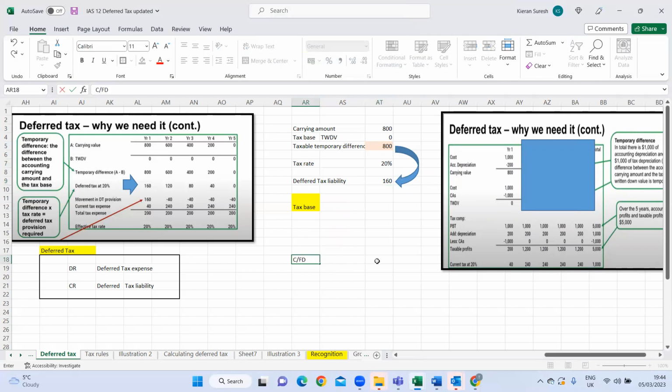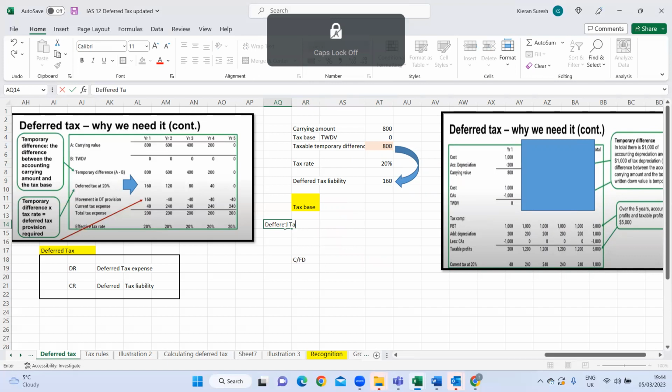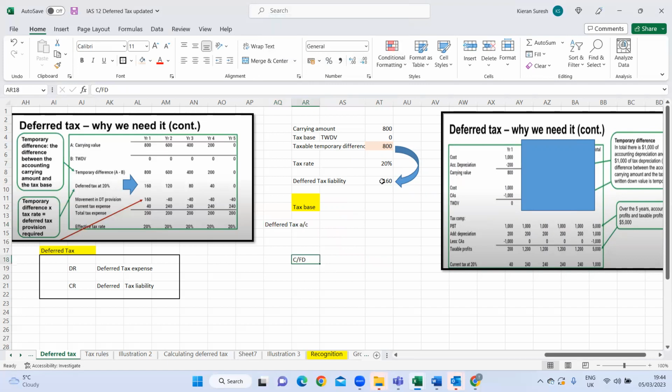The carried forward balance in the deferred tax account, if I'm going to have a deferred tax account, is this 160, right?